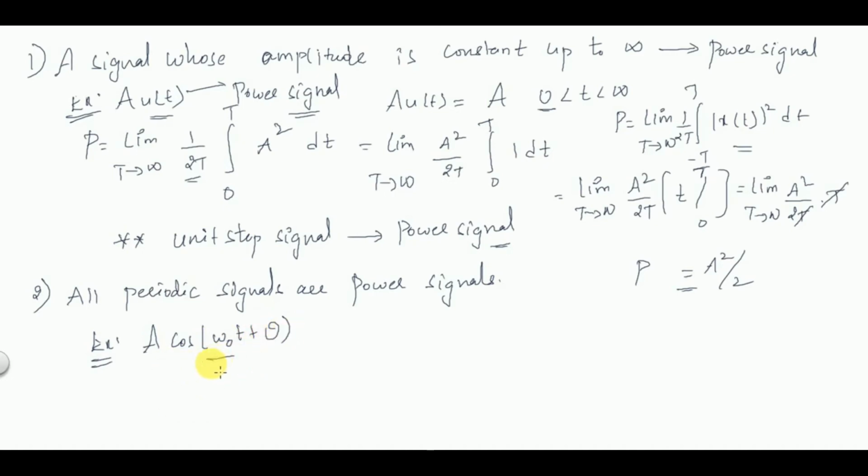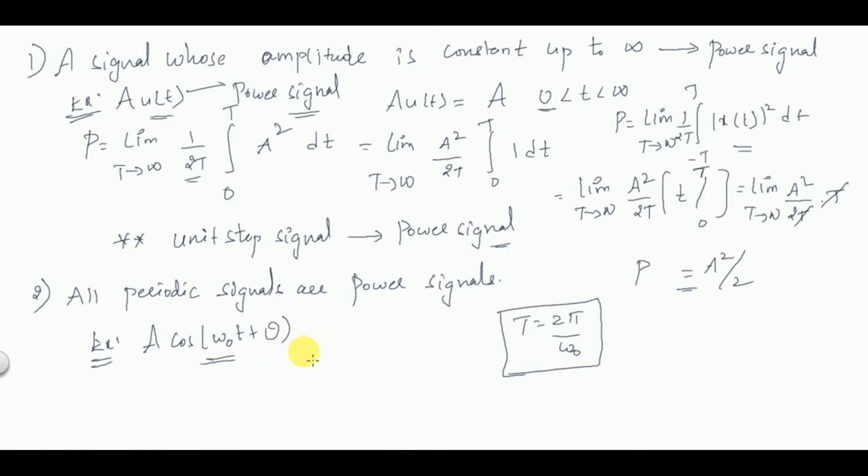So cos(omega naught t plus theta) is a periodic signal. We know that. I will discuss periodicity in the next video. So T is equal to 2 pi by omega naught. We have seen that in your intermediate also. So it is a time periodic signal.